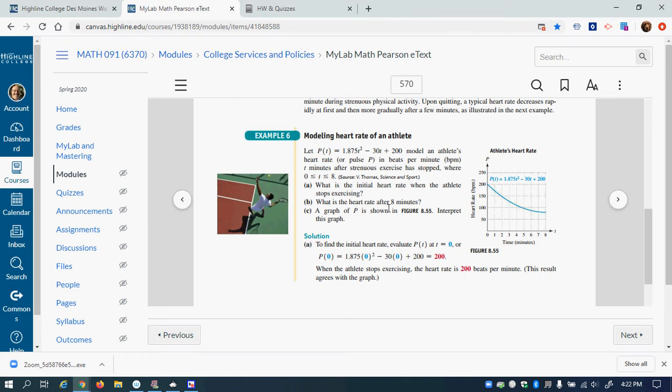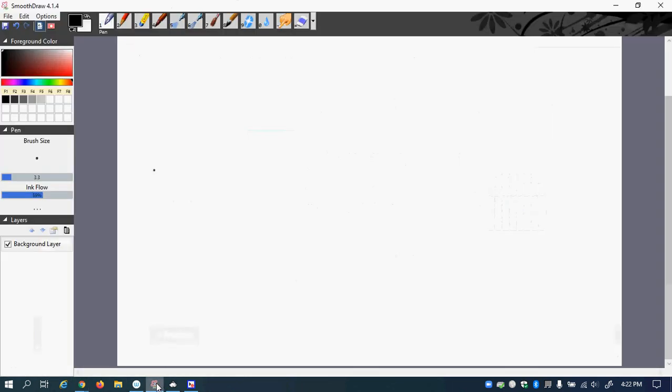But what is the heart rate after 8 minutes? So let's do that. After 8 minutes, we're looking at P of 8, and that's 1.875 times the 8, to the second power, and then we're going to do 30 times 8, plus 200.